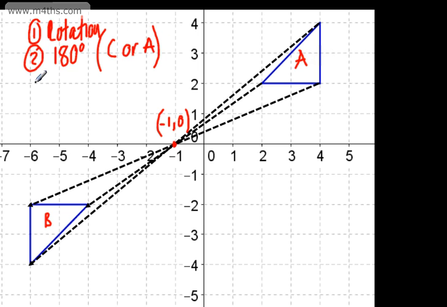We're interested in the center of rotation, and we can see the center is (-1, 0). So that now is describing fully the single transformation that maps shape A to shape B. It's a rotation, 180 degrees, either clockwise or anti-clockwise, and the center of rotation, which we found just here, is (-1, 0).